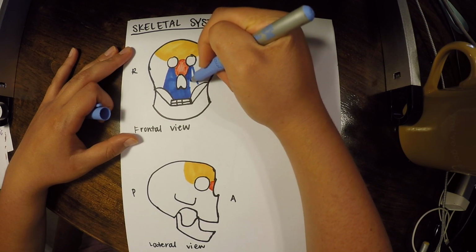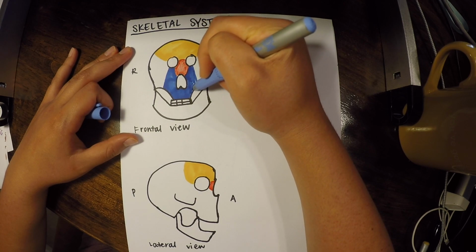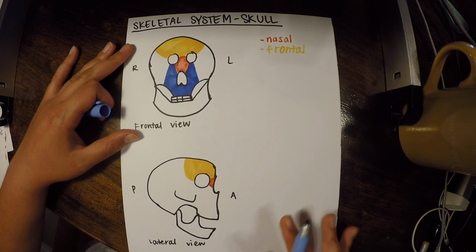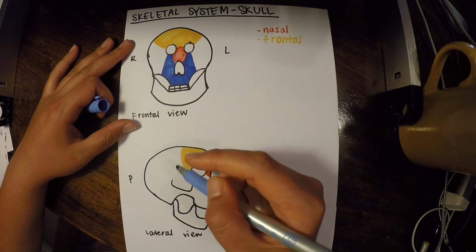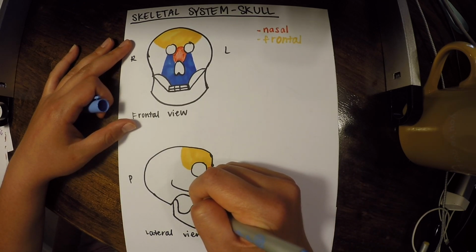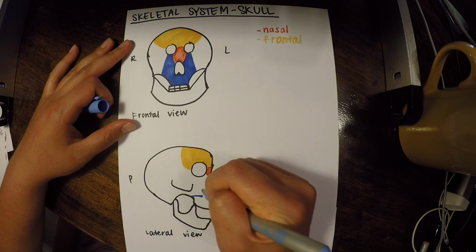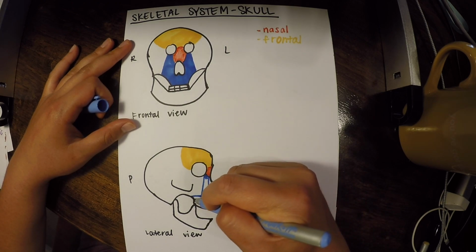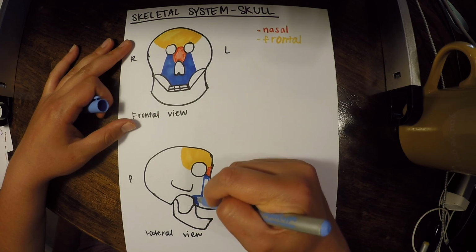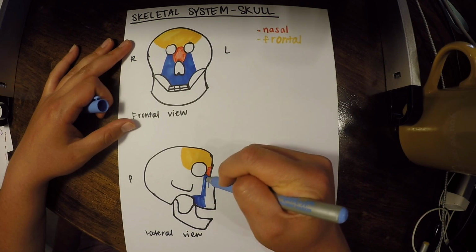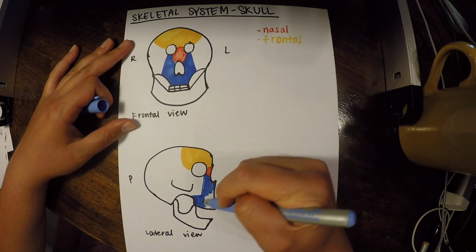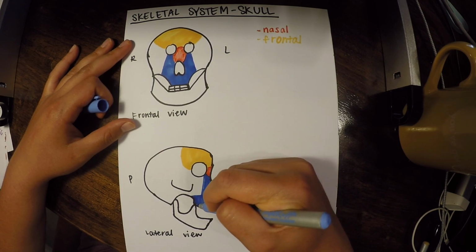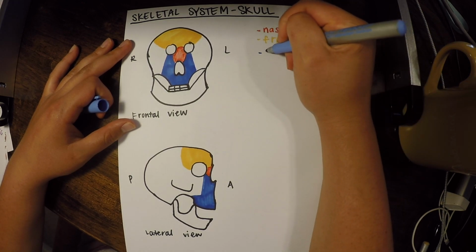And again, just like most of these, you'll be able to see it in both this frontal view and the lateral view. That's our maxilla.